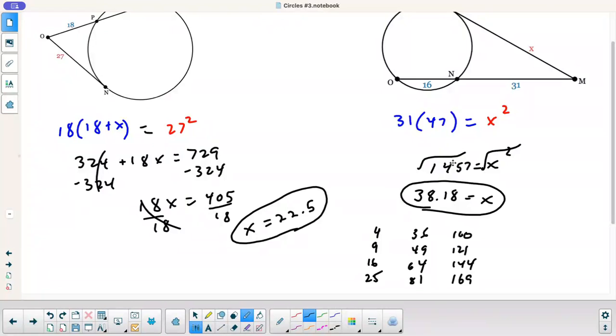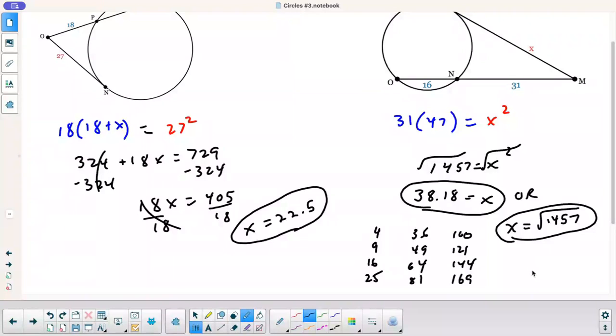I don't think any of these are going to go in evenly. So if you wanted to leave it as an exact answer, you could leave it as the square root of 1457 because it doesn't simplify. So either one, depending on what the direction said. If it said to round, round appropriately. If it said leave it as an exact radical, you could leave it like that. Try to pull perfect squares out.